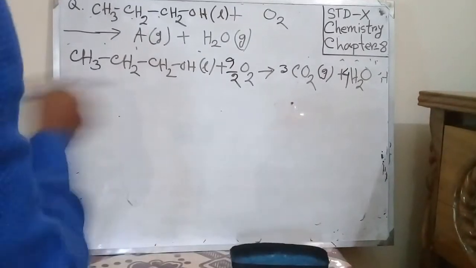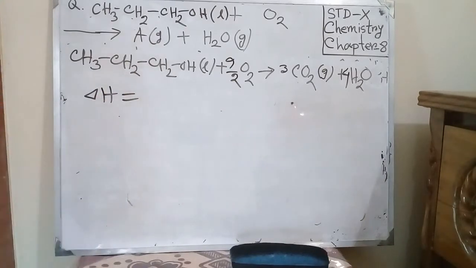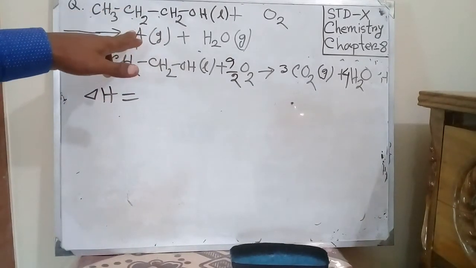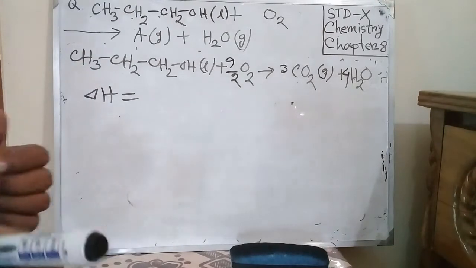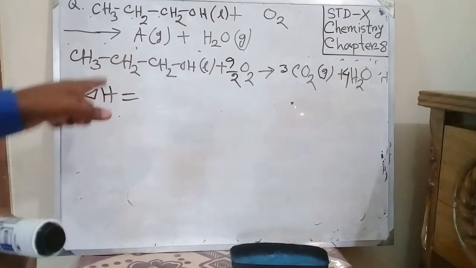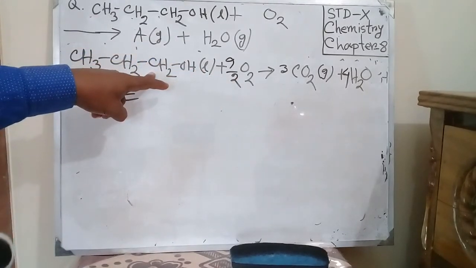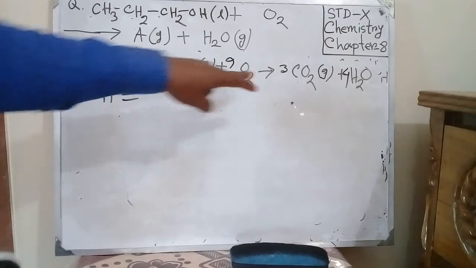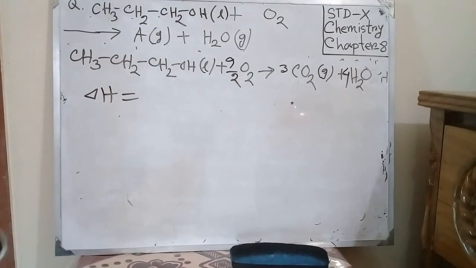We know del H. What is del H? Del H is a formula for combustion reaction. This is a combustion reaction. This is the total bond energy of reactants minus total bond energy of products. There are two reactants, oxygen and propanol. Okay, and products are carbon dioxide and water.